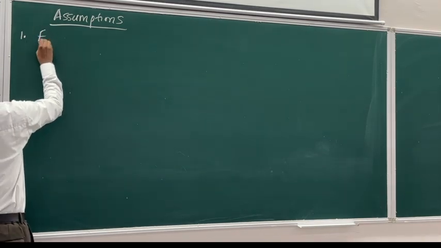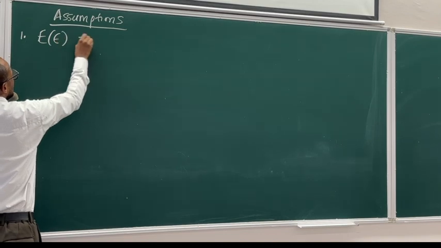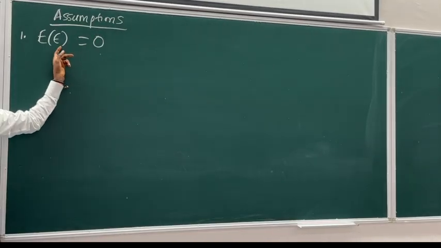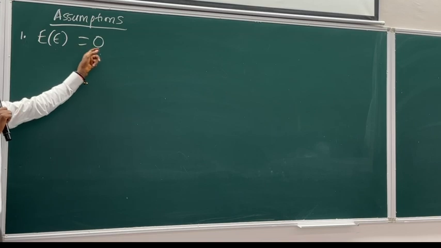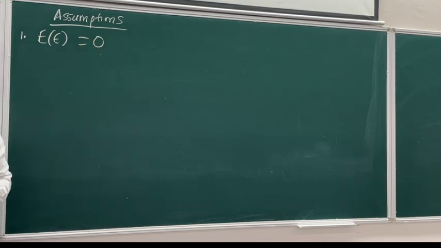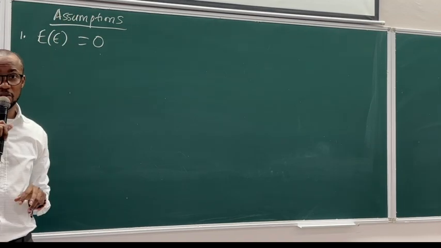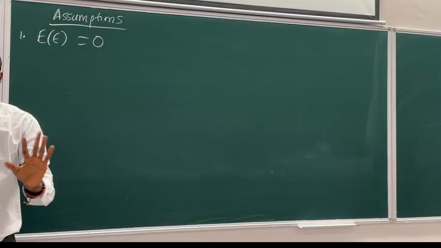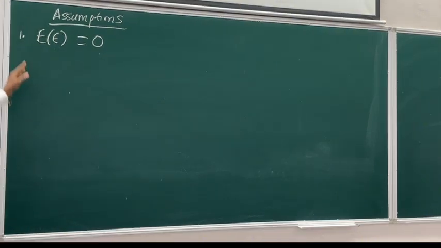That is, the expectation of E is equal to 0. Please, E is a vector here, right? If E is a vector, it means this supposed 0 is not the ordinary 0. It means it's a what? A 0 vector. Now we're going to be dealing with matrices in higher dimensional space. We're not dealing with scalars now. So that is the first thing.